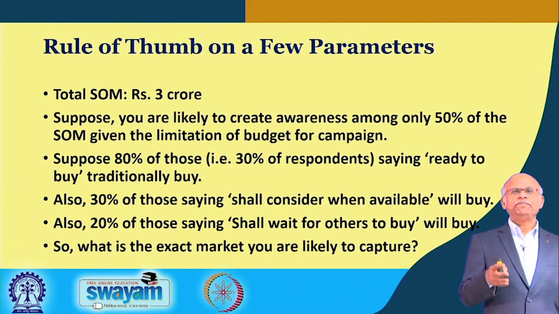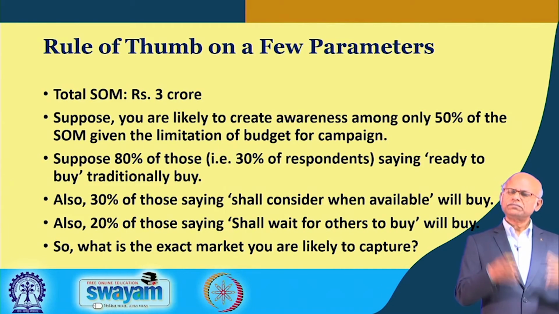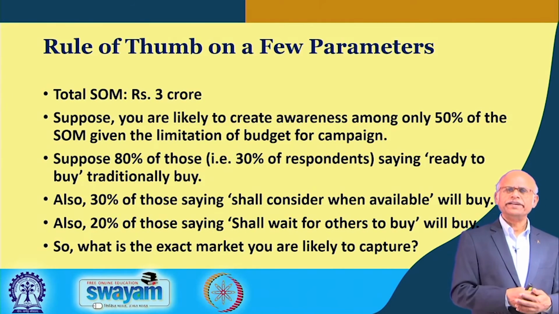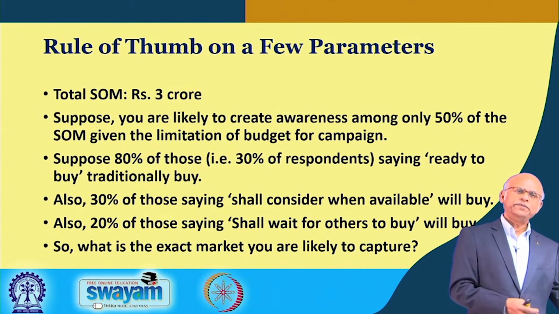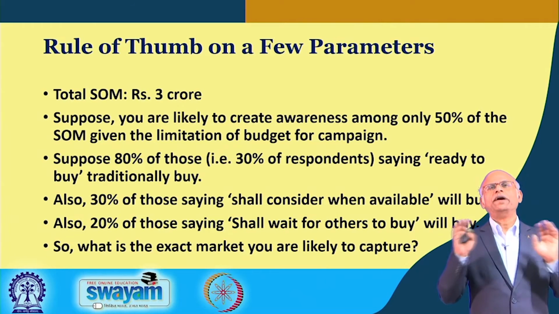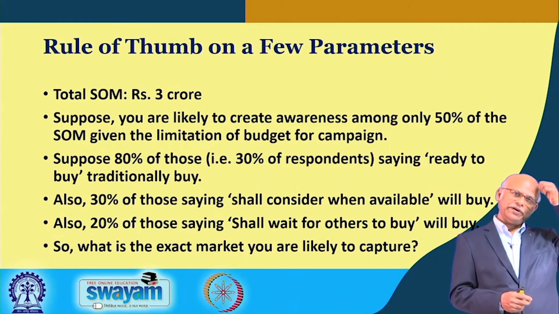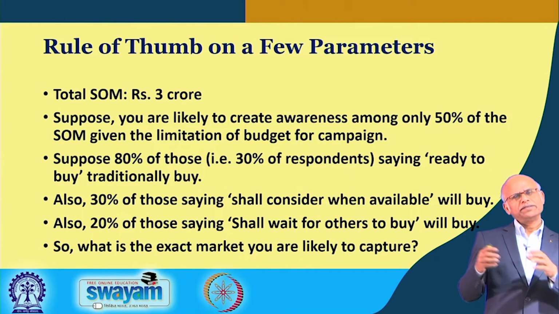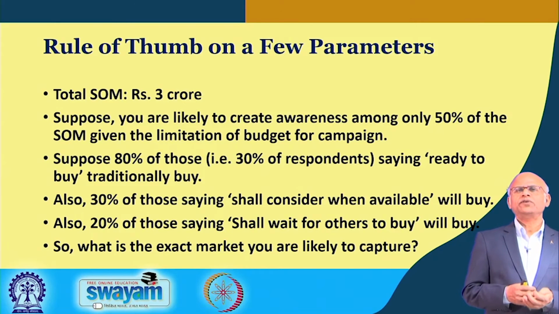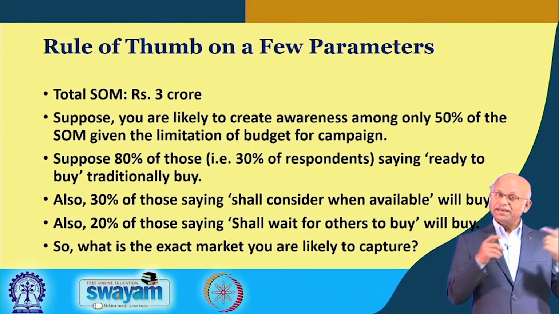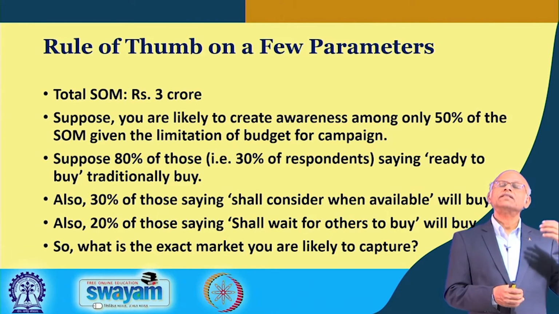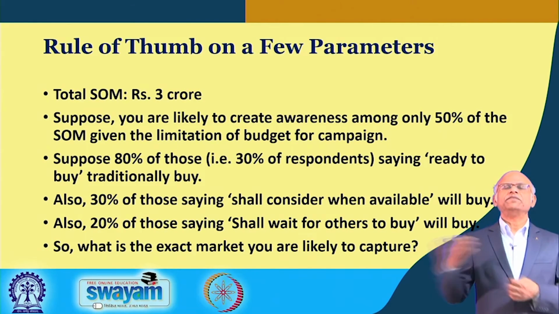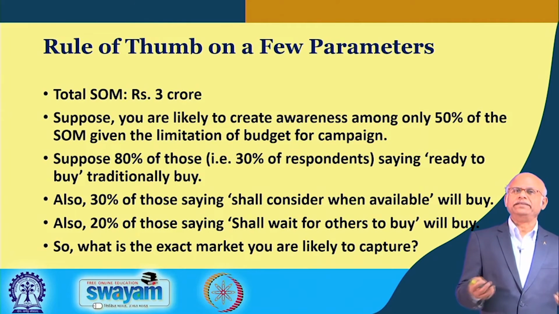Now suppose 30% of the respondents said that I will immediately buy when available. Now, 80% of them will get converted into buyers. So, you have one data point. Also, when some people say that we will consider when available, the rule of thumb is that 30% of them really get converted into customers, meaning they buy.